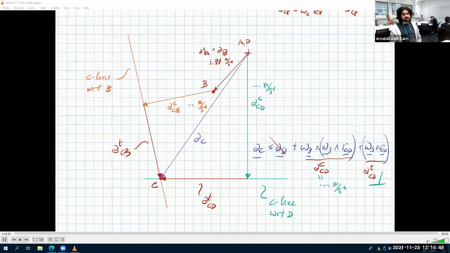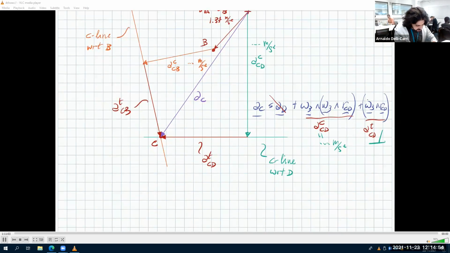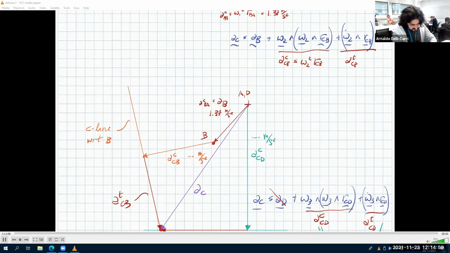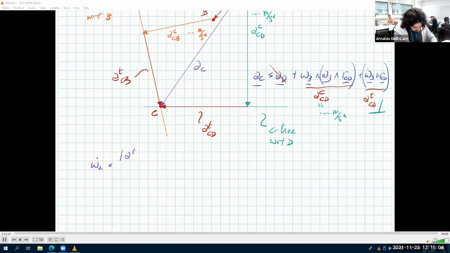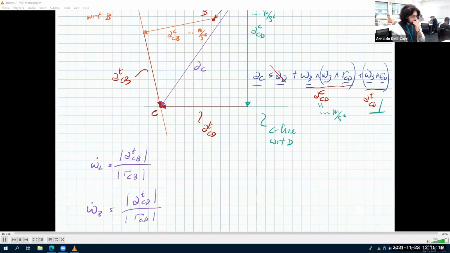Any questions? Now, the only thing that is left is to find omega 3 dot and omega 2 dot. Omega 2 dot is this. So it's the magnitude ATCB divided by RCB. And omega 3 dot is the magnitude of ATCD divided by RCD. Directions, it's exactly the same way.